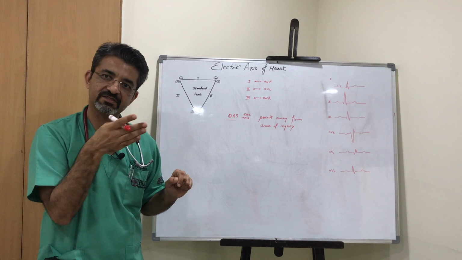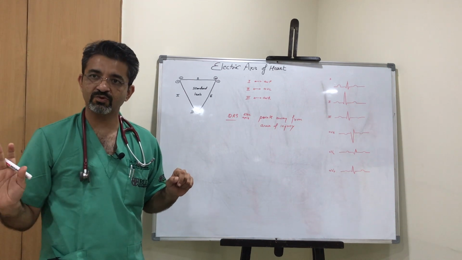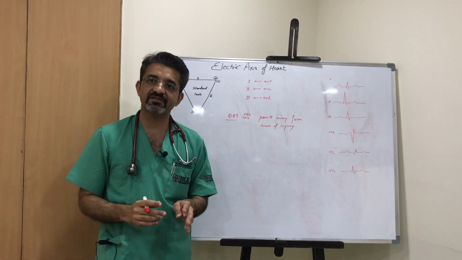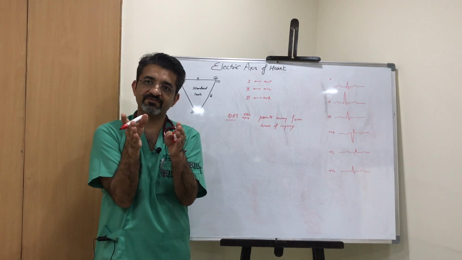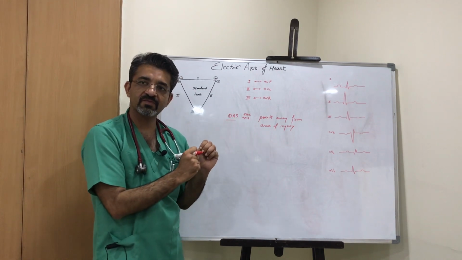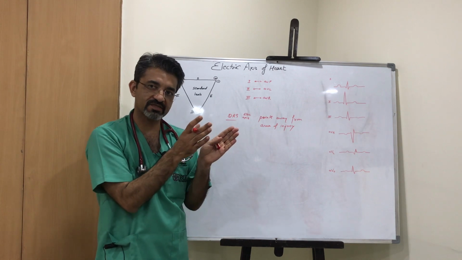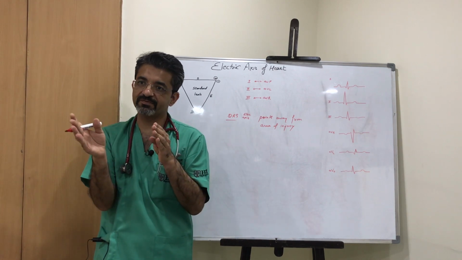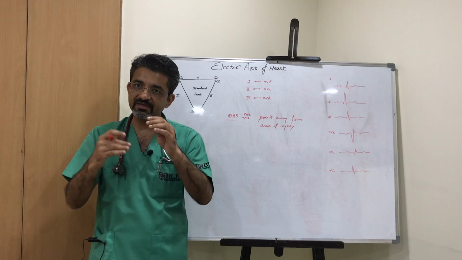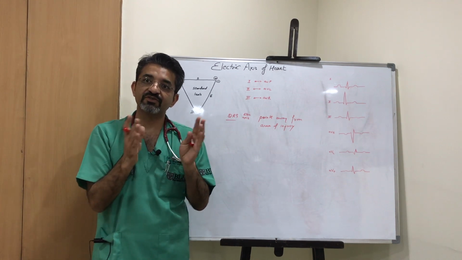The QRS vector will change its direction away from that area. So suppose my right ventricle gets infarcted, the whole QRS will shift towards the left. If my left ventricle is ischemic or infarcted, the whole QRS will shift towards the right. Right? So that is the significance of shifting.